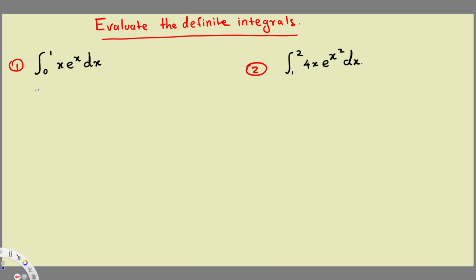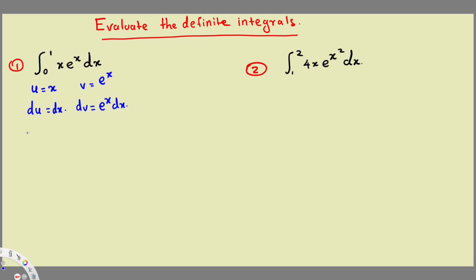Let's take u as x, and dv is going to be whatever is remaining. That's going to be e^x dx. So du is going to be basically dx. Then v is going to be e^x, right?